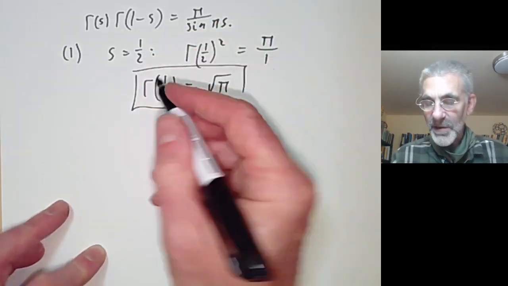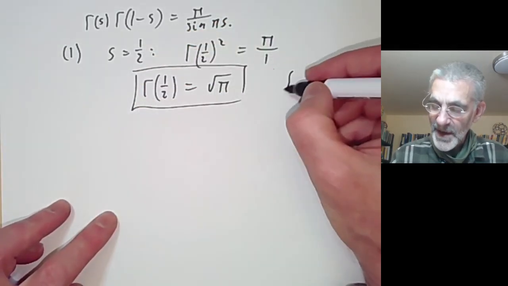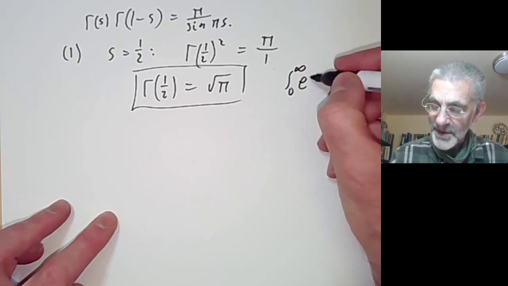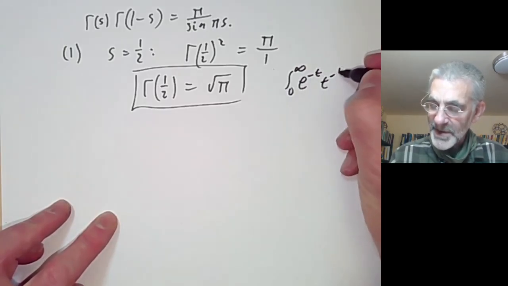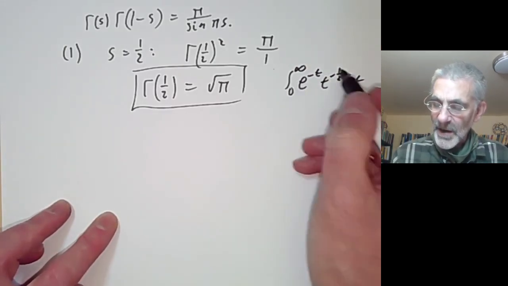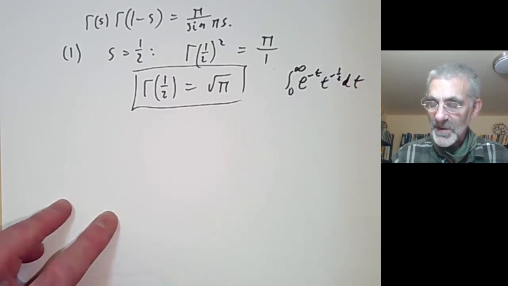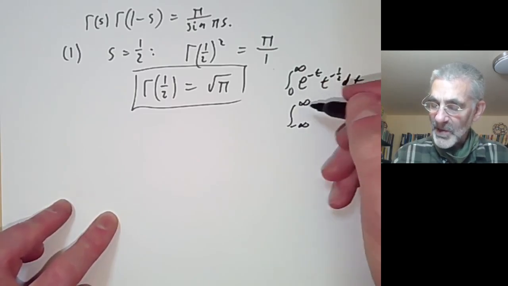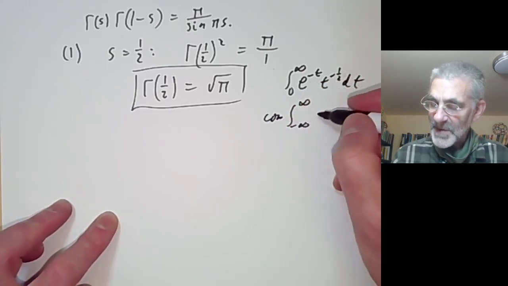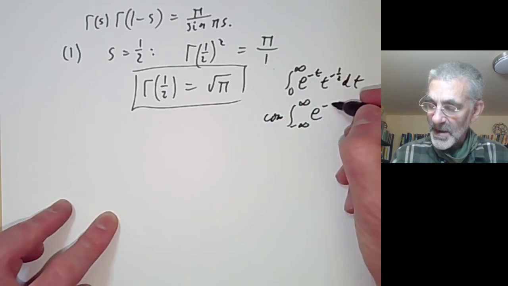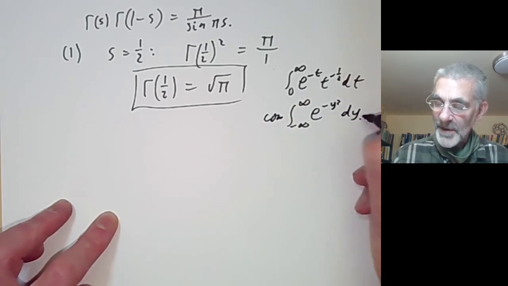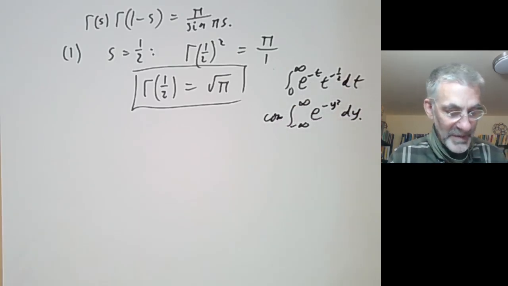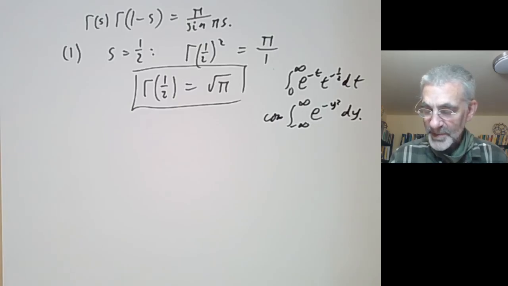And again, if you look at the integral for gamma of a half, it's the integral from 0 to infinity of e to the minus t, t to the minus a half dt, and it's not at all easy to work out this integral directly. If you change variable, it turns out to be a constant times the famous integral of e to the minus y squared dy, which is kind of a bit tricky to do.